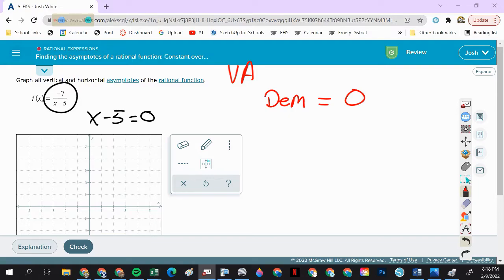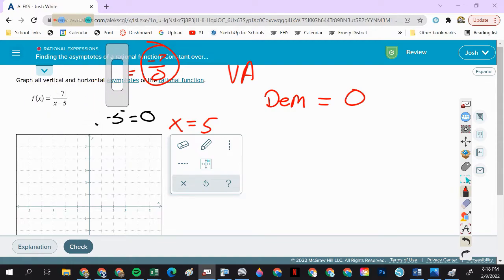So I set that equal to 0, and I get x = 5. This number is a no-no. You cannot plug in 5. When you try, you get -7 over 5 - 5, which is -7 over 0, and the world falls apart. -7 over 0 is not a number, and it breaks.